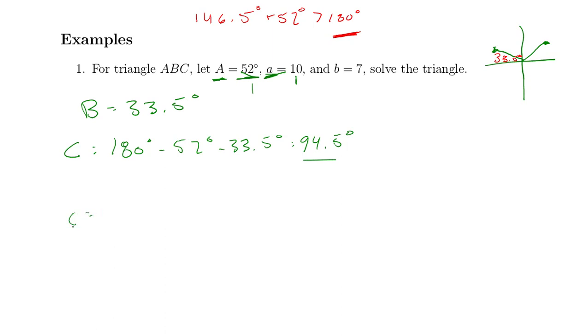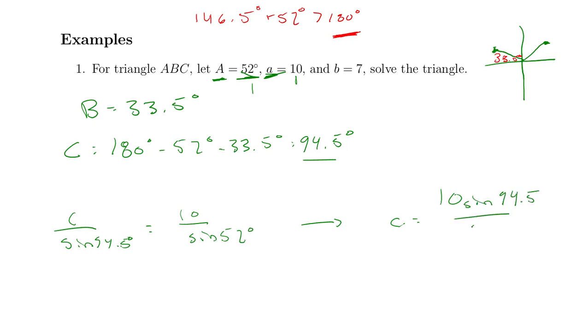So C over sine of 94.5 degrees is equal to 10 over sine of 52 degrees. And so I've got my lowercase c is equal to 10 sine of 94.5 over sine of 52.